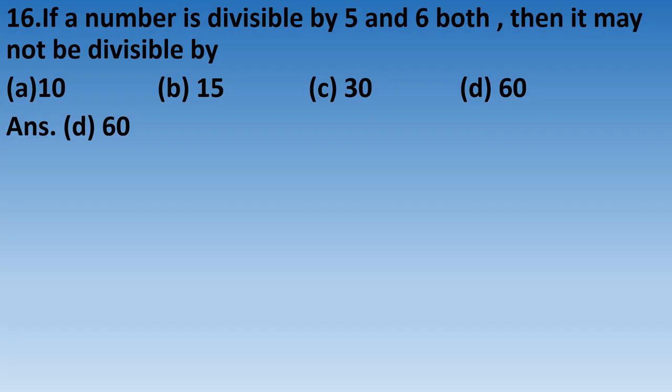So, if a number is divisible by 5 and 6 both, then it must be divisible by their product also. That is 30, but not by 60. It is divisible by 30 also and by all the factors of 30. But 60 is not a factor of 30.